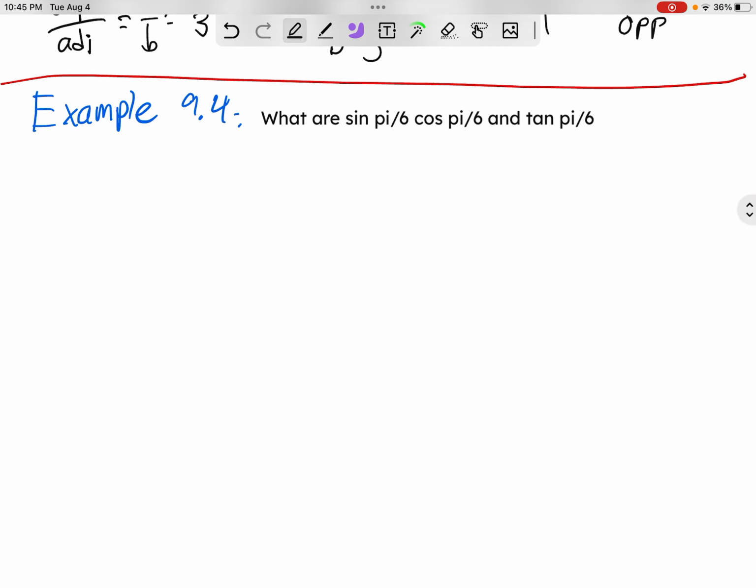There's a lot of examples. Example 9.4 asks: what is sine of pi over 6, cosine of pi over 6, and tangent of pi over 6? The corresponding right triangle with an angle pi over 6, which is 30 degrees, is a 30, 60, 90 triangle.